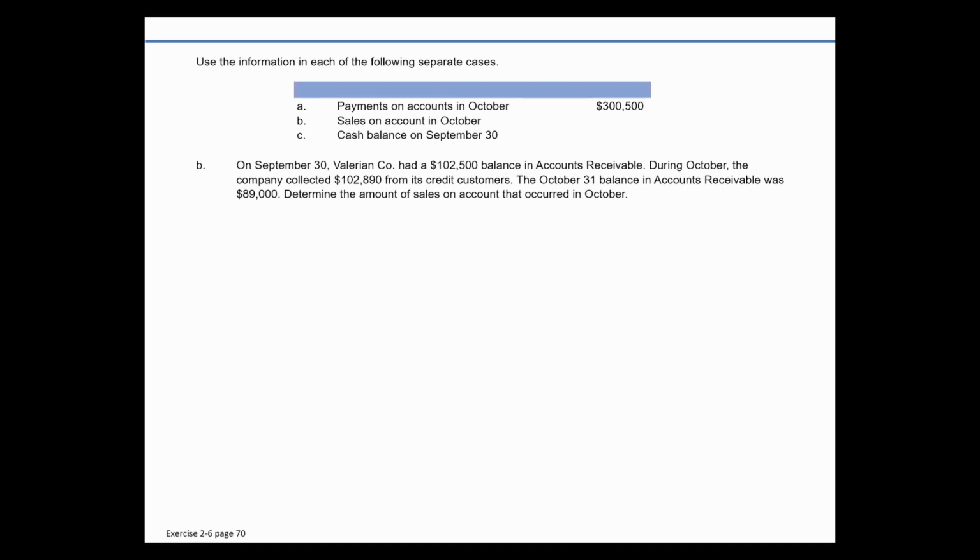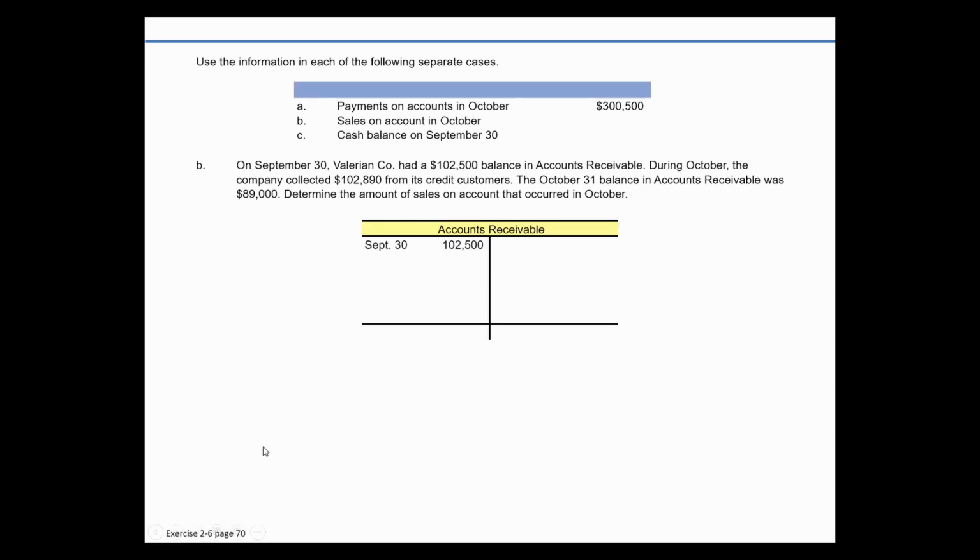On October the 31st, the balance of accounts receivable was $89,000, determining the amount of sales on account that occurred during the month of October. So then we have accounts receivable. And remember that accounts receivable is an asset, so an asset will increase on the left-hand side, which is the debit side.